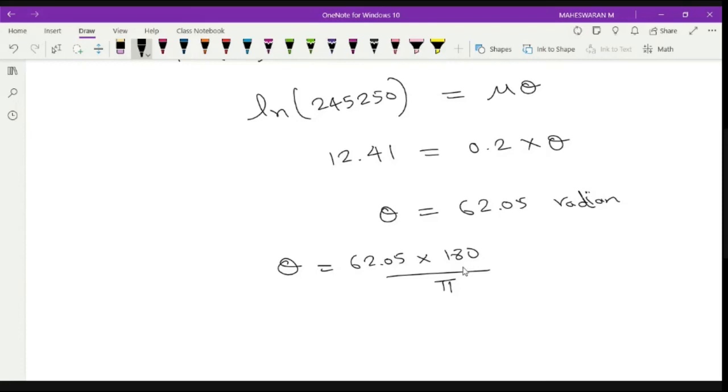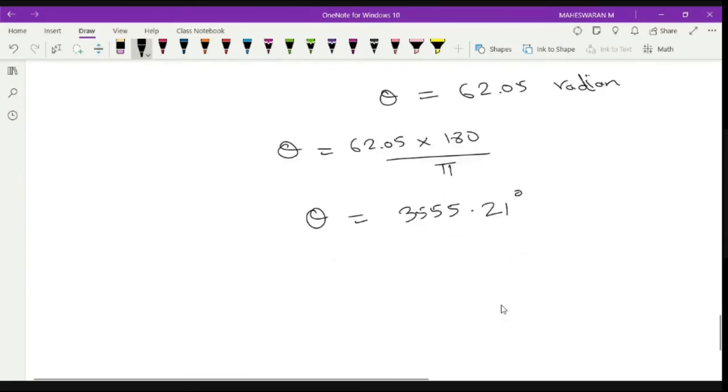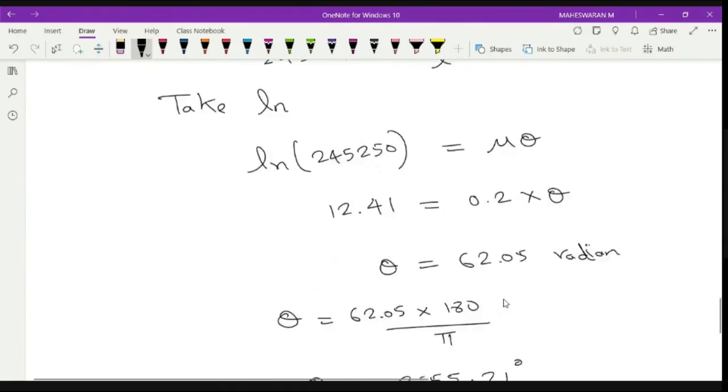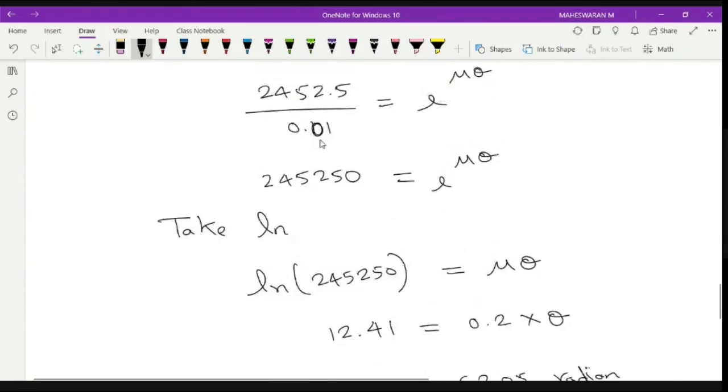So I'm converting to degree. What I am getting is theta equal to 3555.21 degree, right?